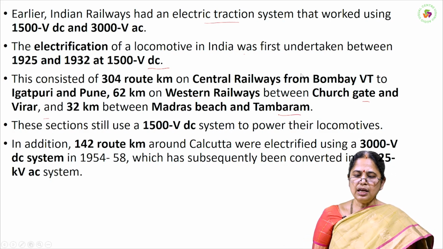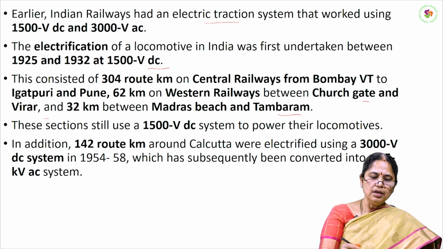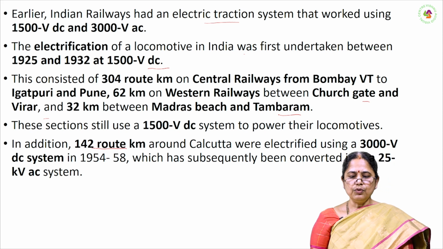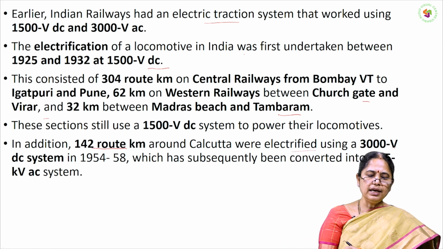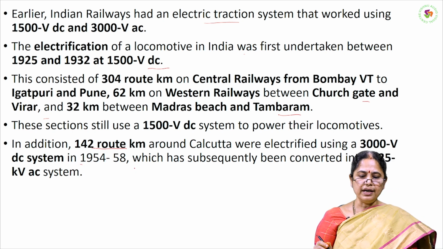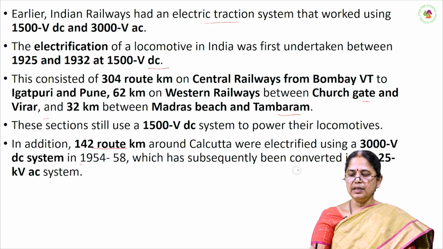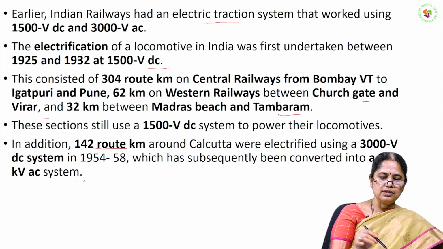These sections still use the 1500 volts DC system to power their locomotives. In addition, 142 route kilometers around Calcutta were electrified using the 3000 volts DC system in 1954 to 58, which was subsequently converted into the 25 kilovolt AC system.